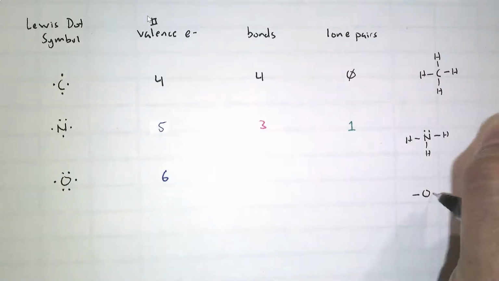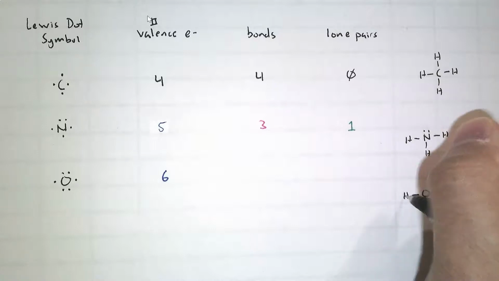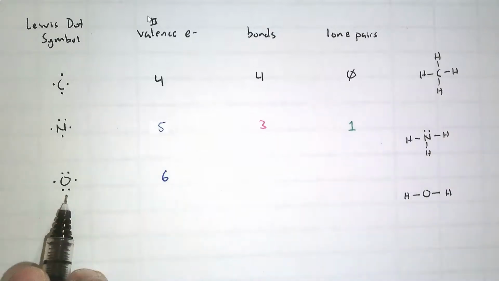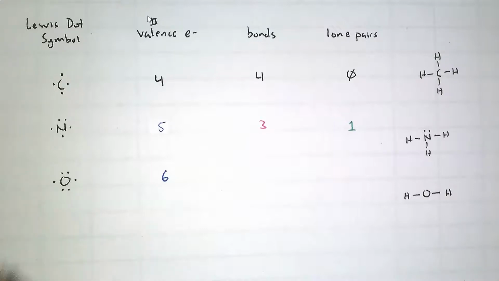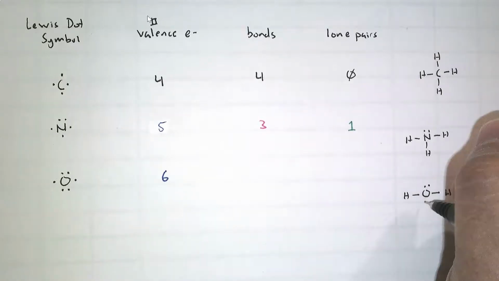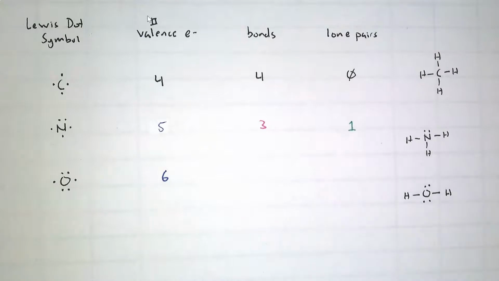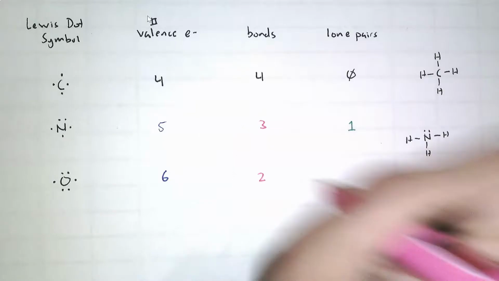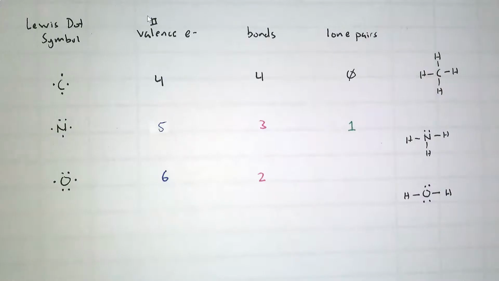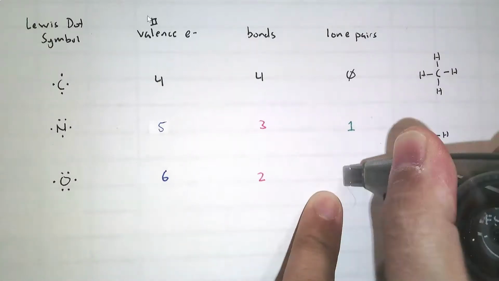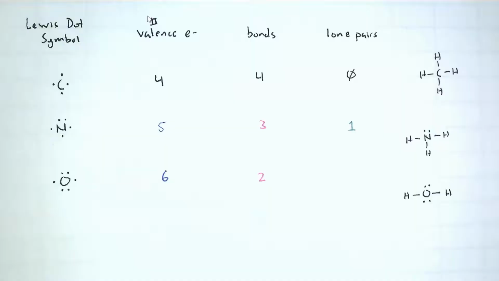So we have 2 hydrogens because we're missing 2 electrons to reach the octet count. And then don't forget your lone pairs. Oxygen typically has 2 bonds and, looking at my drawing, 2 lone pairs.